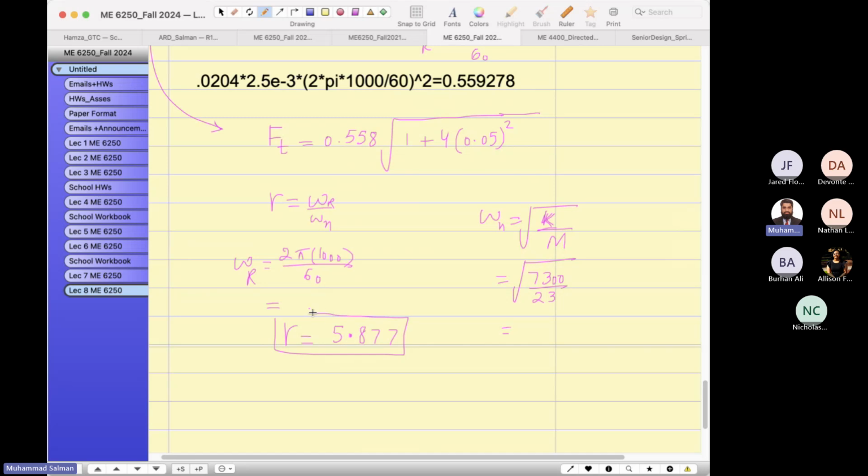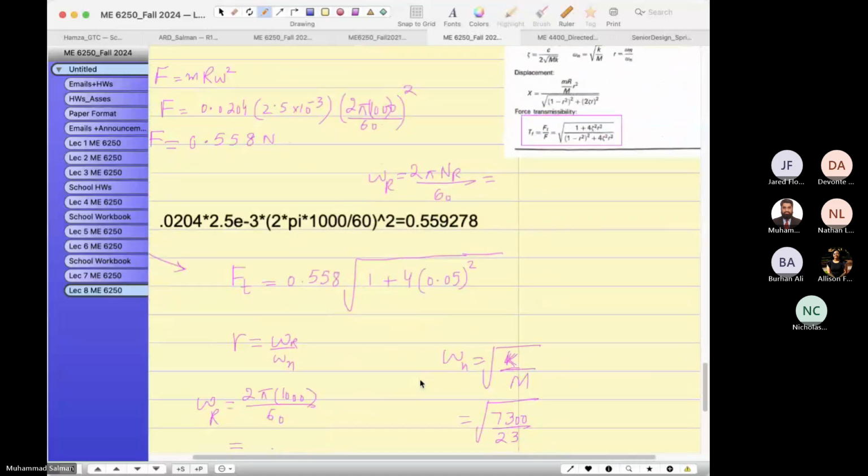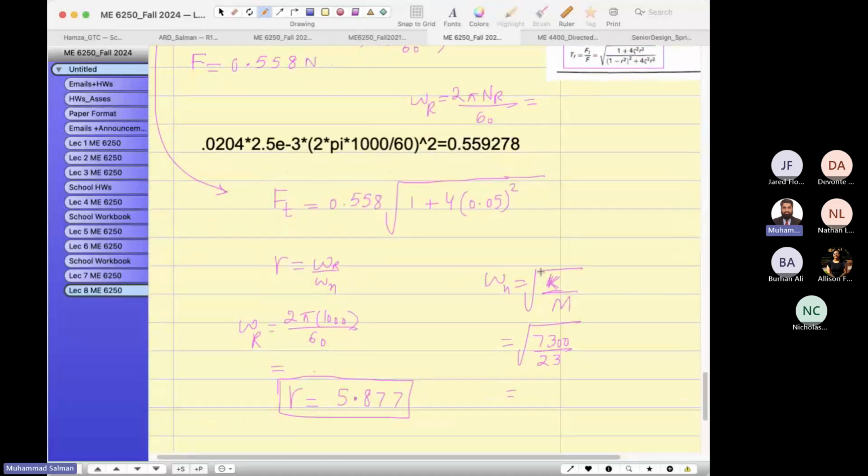This is the frequency ratio. So, yes, one student says yes. So let's plug it in.